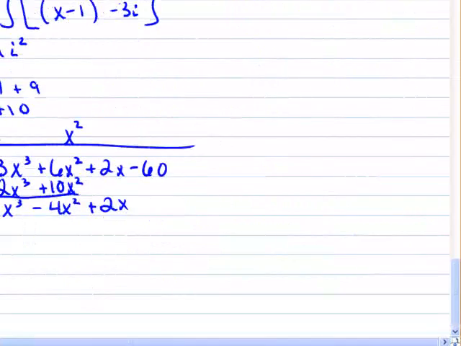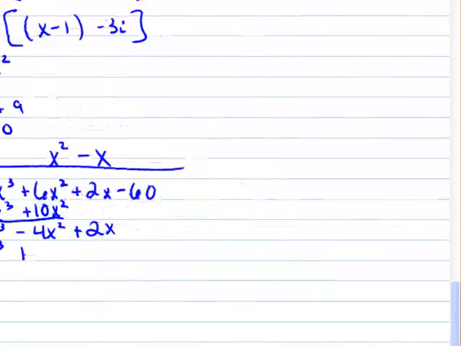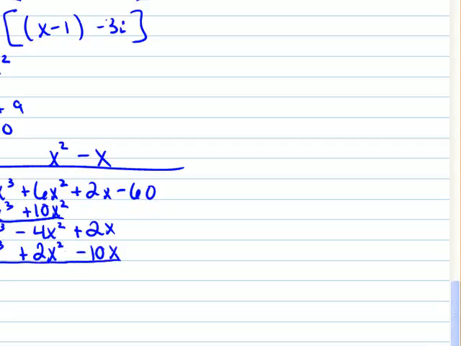What times x squared would give me negative x cubed? A negative x times x squared would give me a negative x cubed, and a positive 2x squared, and a negative 10x. Change the signs and bring down. So we have a negative 6x squared plus 12x.